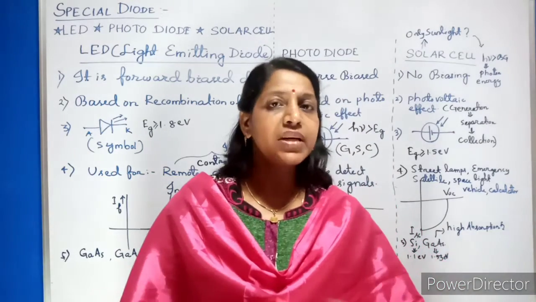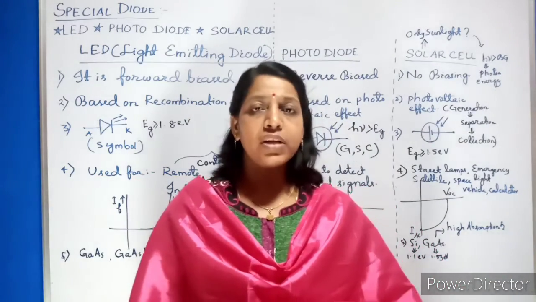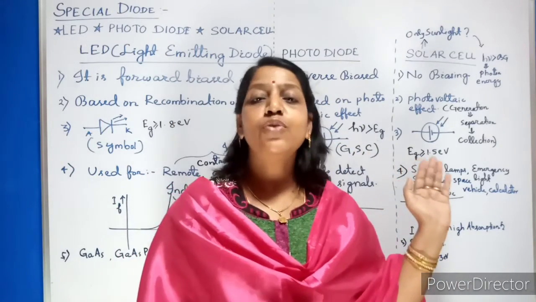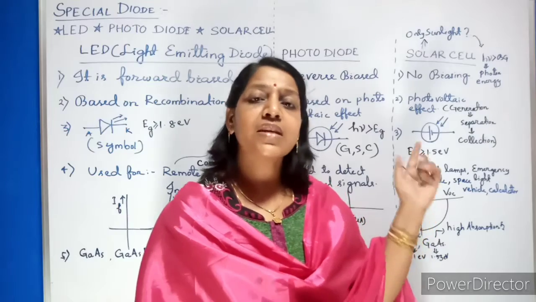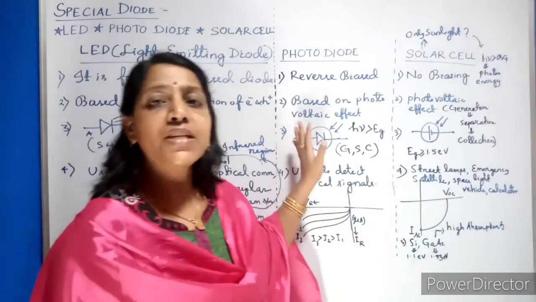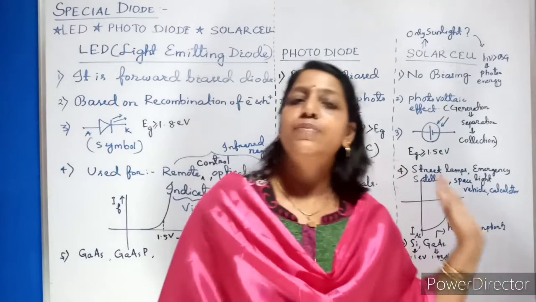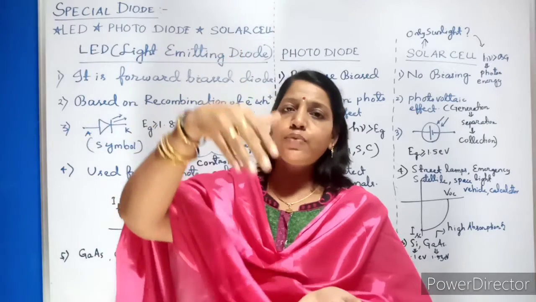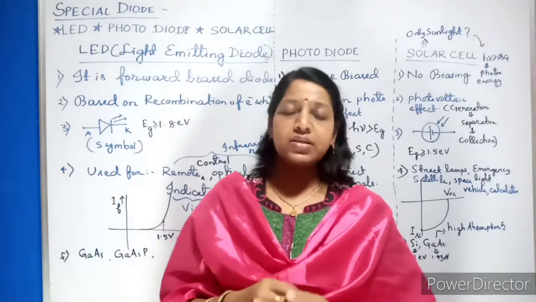Light is nothing but photons, which are converted to voltage. Hence this effect is called the photovoltaic effect, because it converts photons to voltage. Now I already mentioned there will always be a reverse bias. Then what will happen when you reverse bias and allow the light to fall on the photodiode's junction?